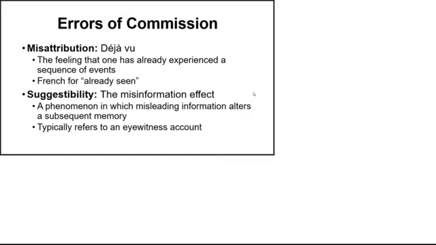So that's the idea that our memory is very flexible, and we can change it and restore it for later, and each time we recall it, we can change it even more. This is why it's not good to rely just on witness information, because our memories are very, very malleable.